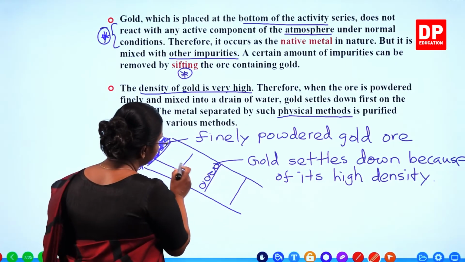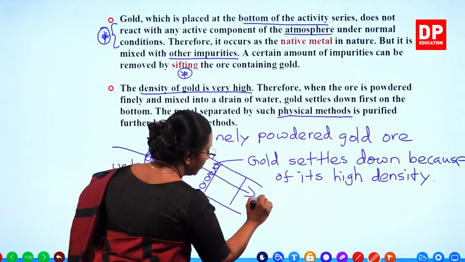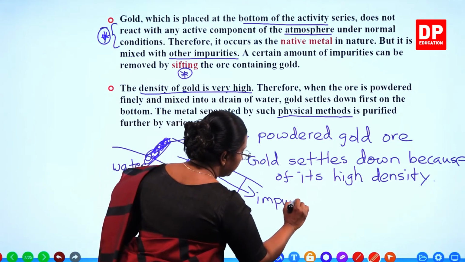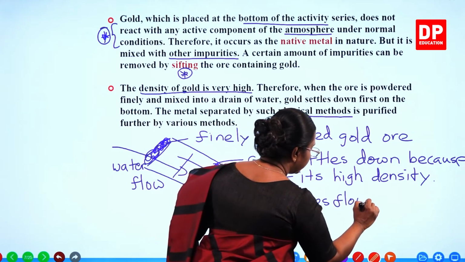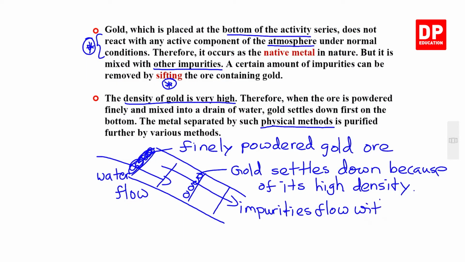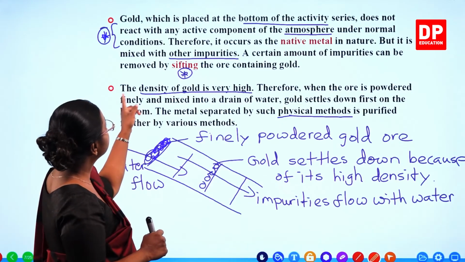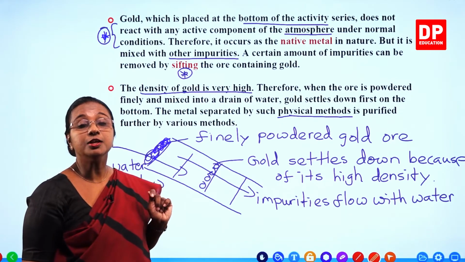But the impurities just keep on flowing with the water. This is what we call sifting of the gold ore.